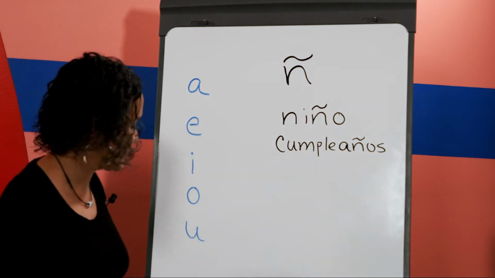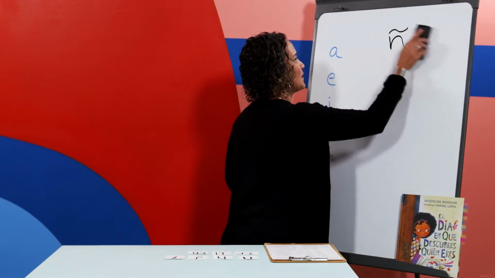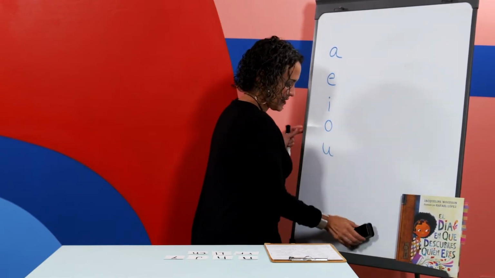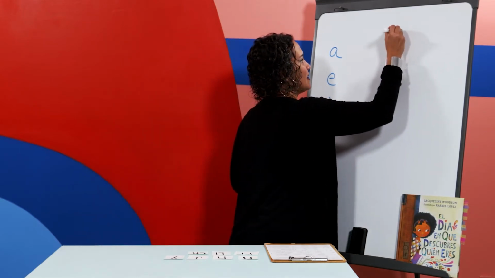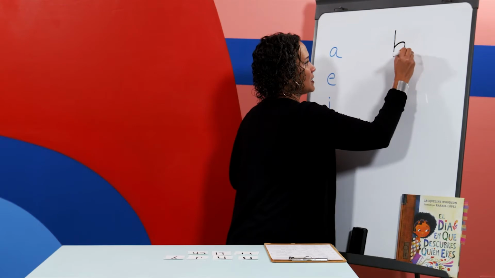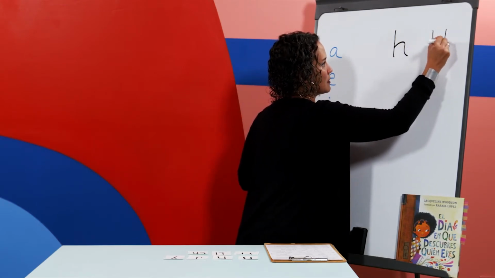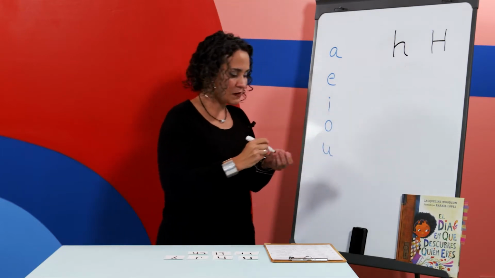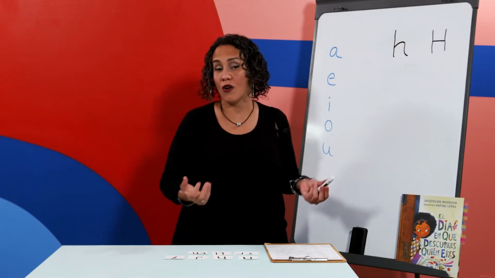Move to the next one. We have H. That's the lowercase. I'm going to put the capital right here. And in Spanish, this letter does not make a sound at all.